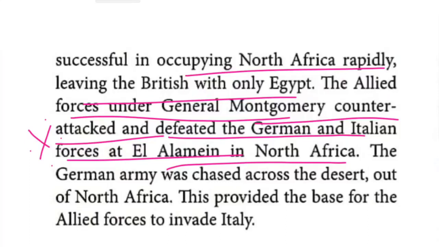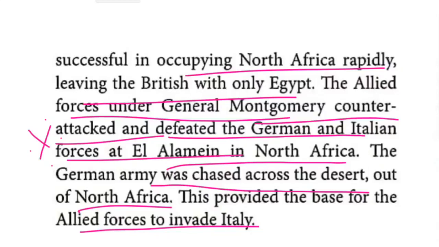The German army was chased across the desert out of North Africa. This provided the base for the Allied forces to invade Italy. So in the Battle of El Alamein, the German and Italian forces were defeated at the hands of the Allied leader General Montgomery. This is the one word answer: El Alamein, North Africa.